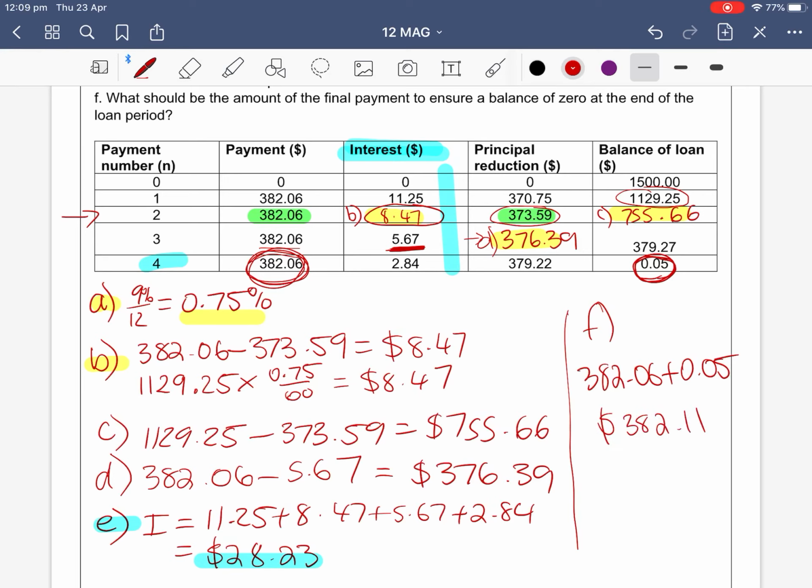So our final loan value should be $382.11. All right, and that's normal. Sometimes if you have just a really small amount left to pay on a loan, you just make that final payment a bit bigger. That's fine. It's nicer than having to deal with one more payment period of such a small amount.